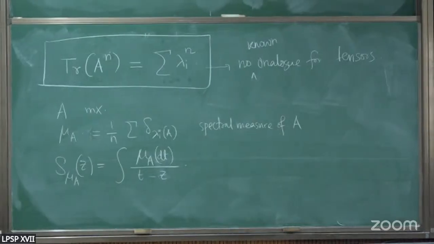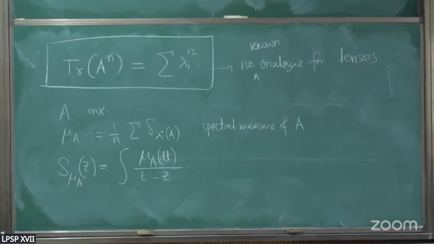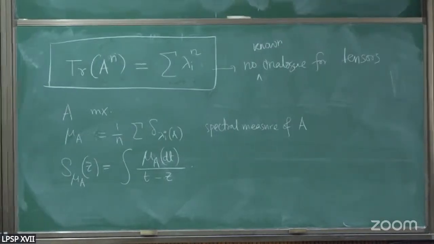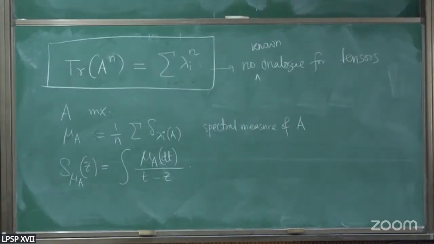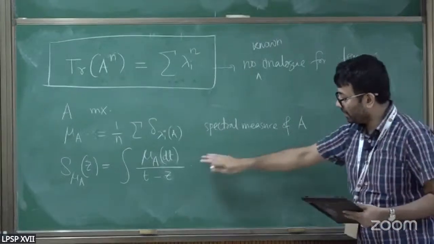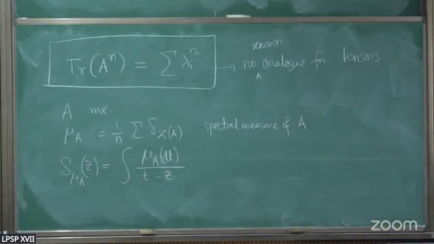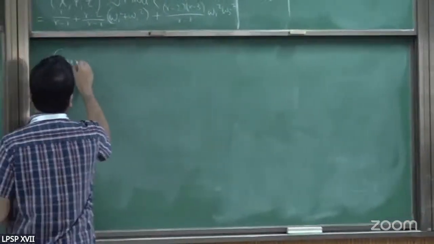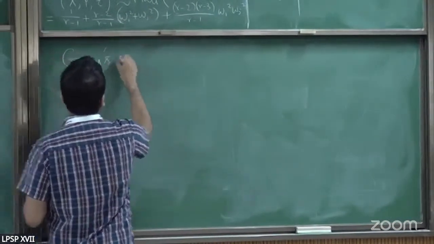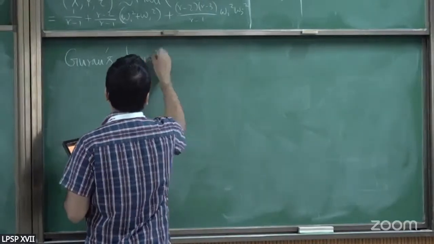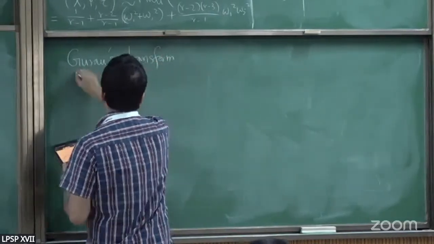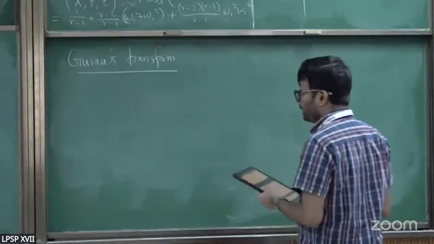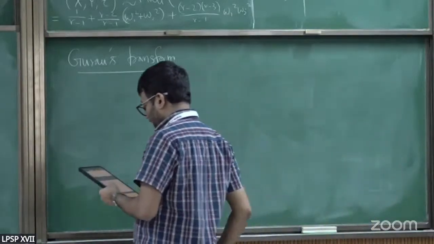So Gurau defined an analog of that for a random tensor. I'm going to write down the corresponding transform, and I'll try to explain what it really means. Now you have a tensor T, an order R tensor.